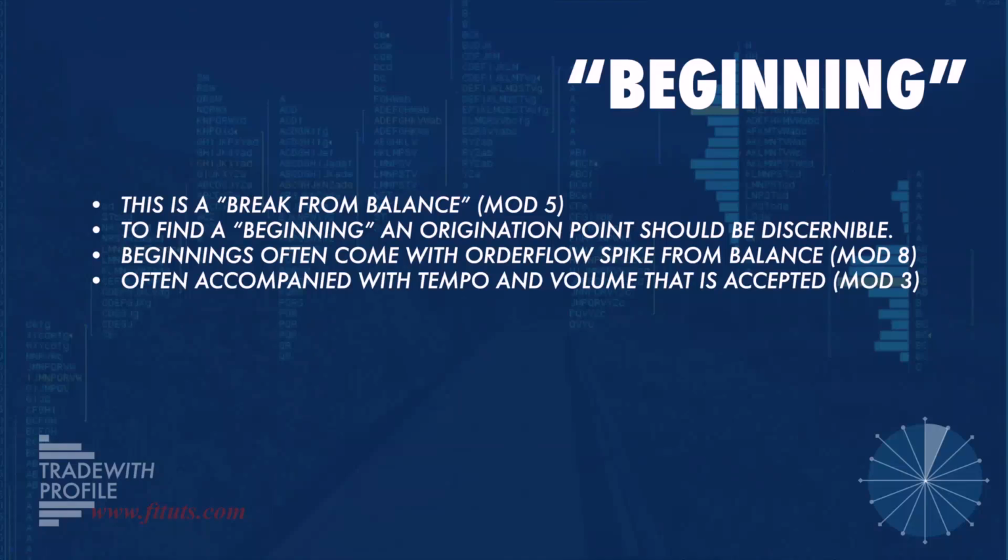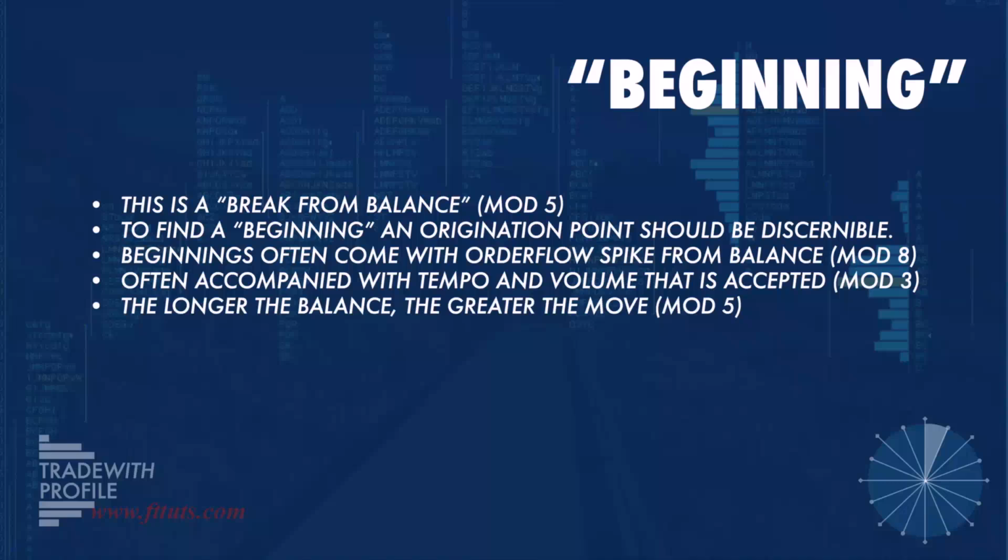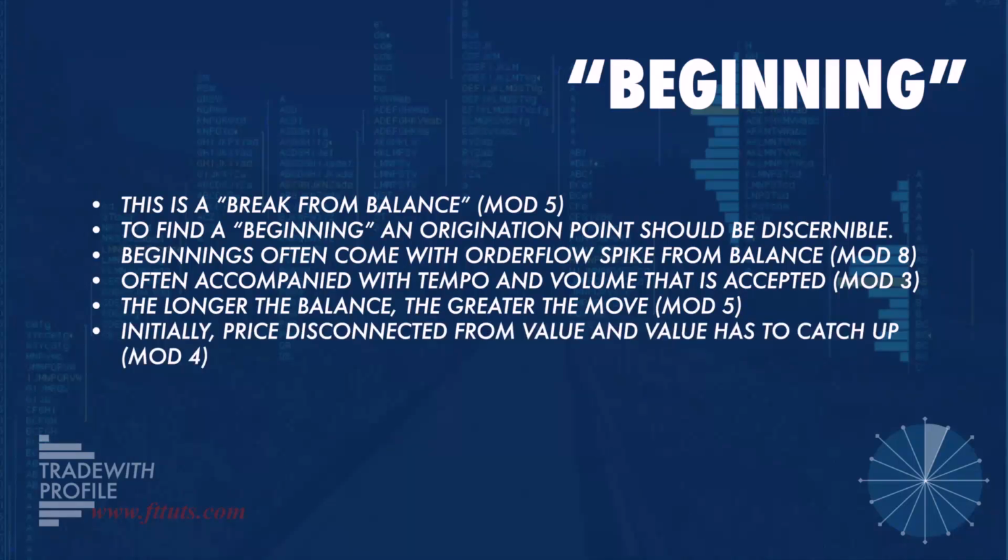So basically you'll find an auction that seems really uncommitted, unconvicted, and then all of a sudden there's going to be some significant tempo and movement. The longer the balance, the longer and the wider that profile is, the greater the move. And then initially, price will be disconnected from value, and value has to catch up.